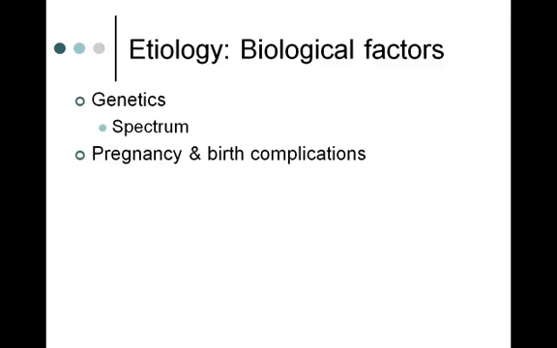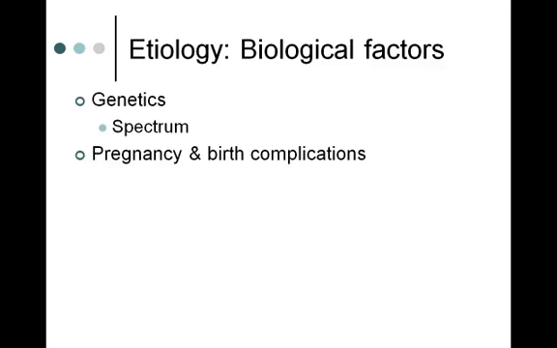And again, the idea here is that not everybody with schizophrenia has a history of birth complications, but a lot of them do. So for some individuals with schizophrenia, birth complications may play a role. For others, it may be other aspects of complications. So maybe a viral infection during pregnancy. One reason we say this is because people with schizophrenia are more likely to have been born in winter months than people without schizophrenia. Right?